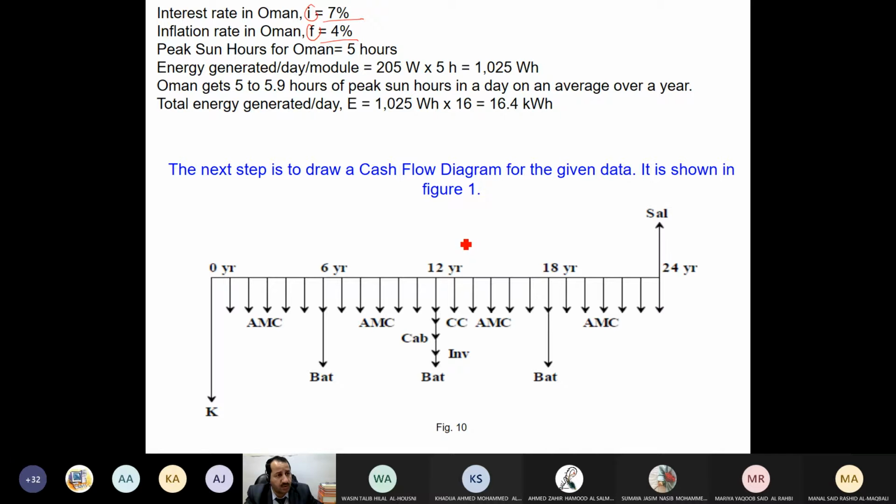Furthermore, he told me also that in Oman, the peak sun hours is 5 hours. Just a minute, what is peak sun hour? You remember the spectrum? This is the spectrum for 24 hours, the whole day. This is the middle of the day, right?